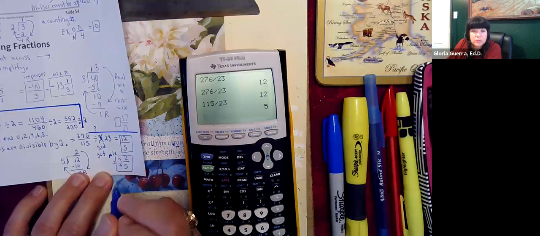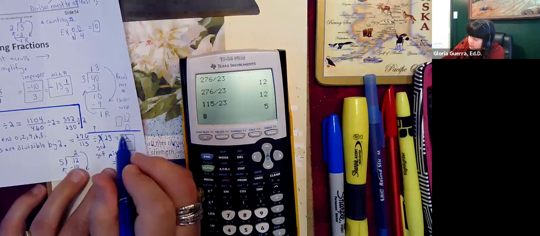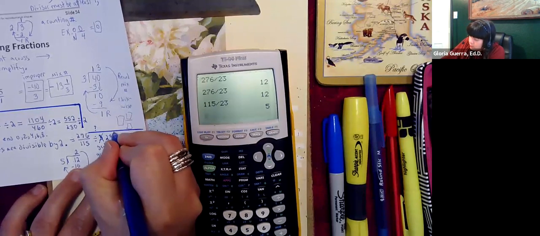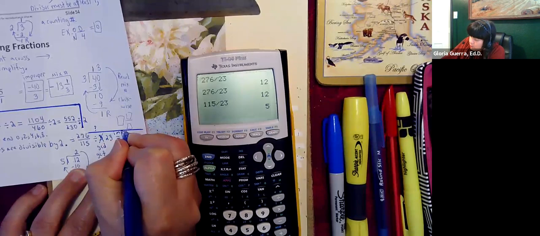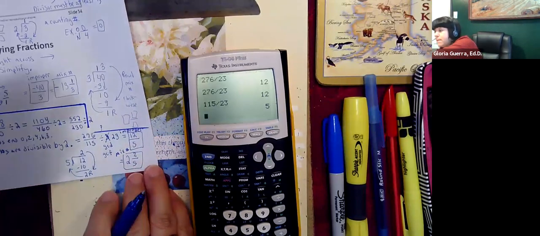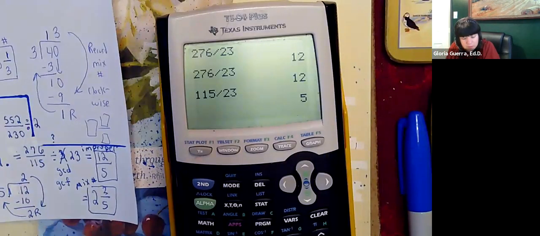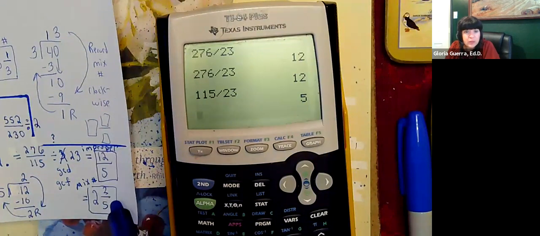And 12/5, that's the improper fraction. Okay. So 12 over 5 is the improper fraction, and 2 and 2/5 is the mixed number.